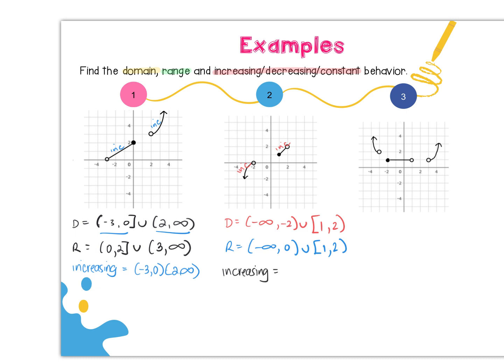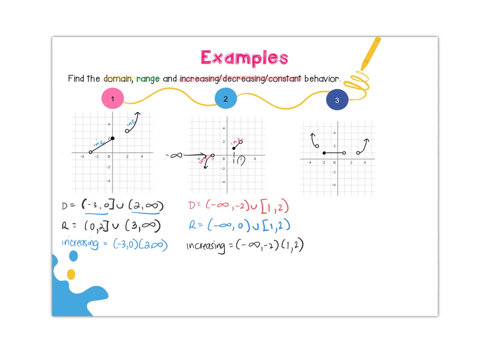Whether it's increasing or decreasing, except I'm going to be using parentheses. So it's increasing from negative infinity to negative 2. You know, negative infinity this way to negative 2. And then it's going to be increasing from x is 1 to x is 2, right, where it stopped. And everything gets a parentheses.